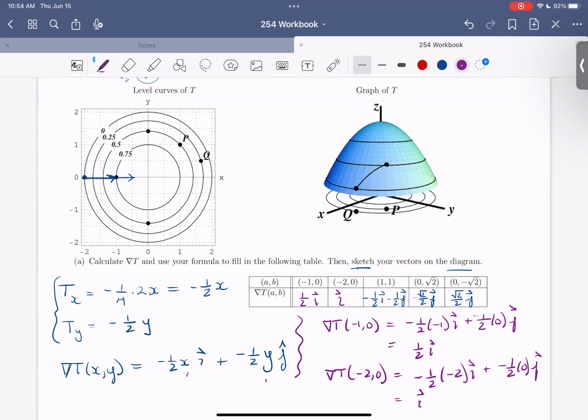All right, so the next point, 1, 1, we can identify as this point P here. And our vector is -1/2 i, -1/2 j. So we're going to go down 1/2 and over 1/2 to the left. So our vector should look like this. For 0, root 2, we see that we have 0 in the x, root 2 in the y.